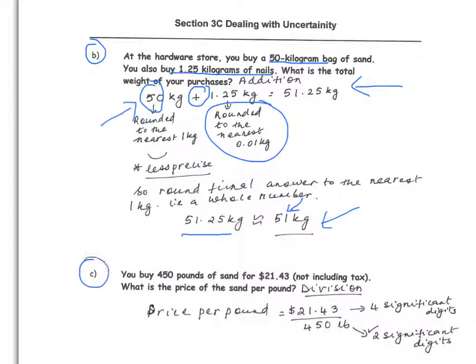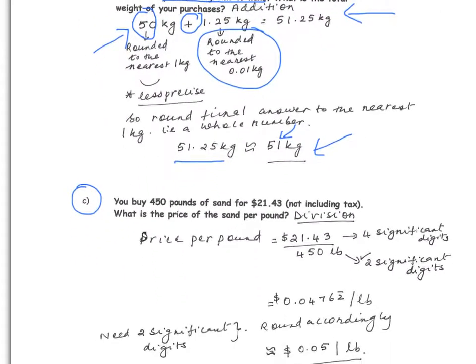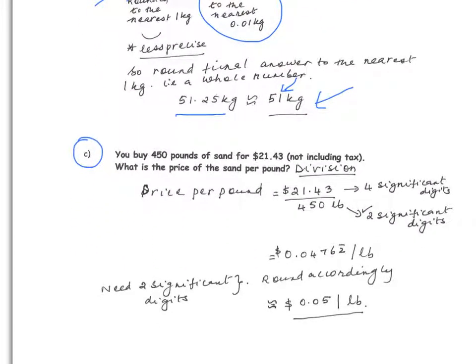One more example. You buy 450 pounds of sand for $21.43, not including taxes. What is the price of sand per pound? So price per pound is the total price divided by the number of pounds. When we do the calculations, we get 0.0476222 recurring. So this is our answer from our calculator.